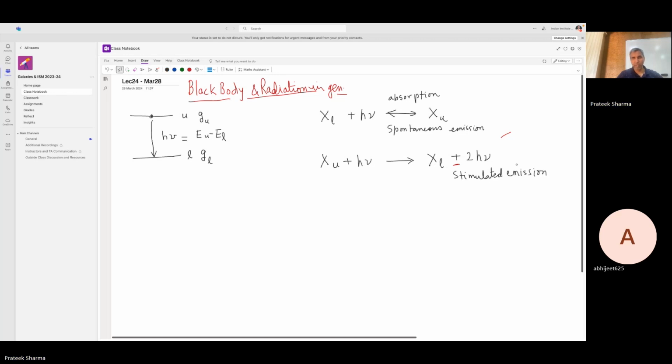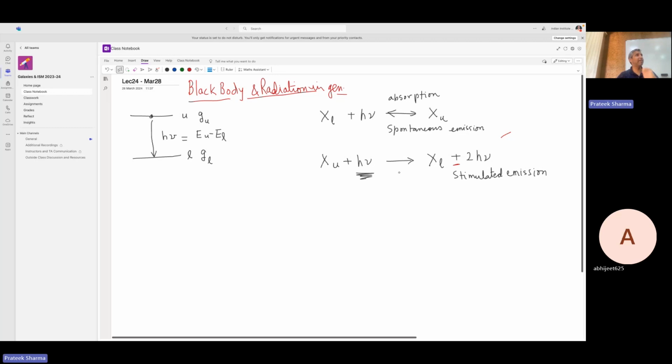So if there is a photon field present, and if you have an atom in the excited state, in the presence of that photon field the atom can de-excite to the lower level and produce two photons. That's why this is stimulated emission. You need a background photon field, this h nu, in order for stimulated emission to happen.